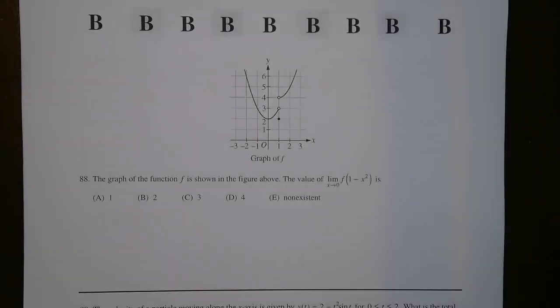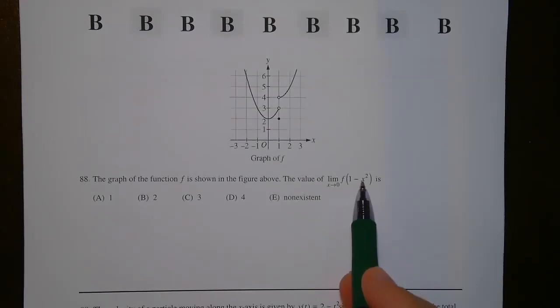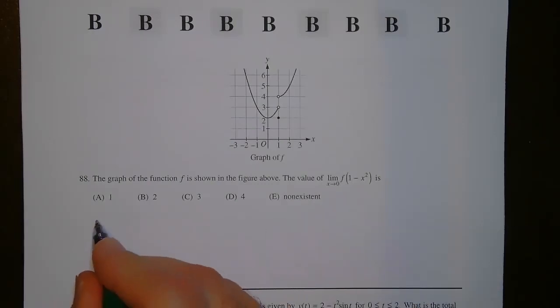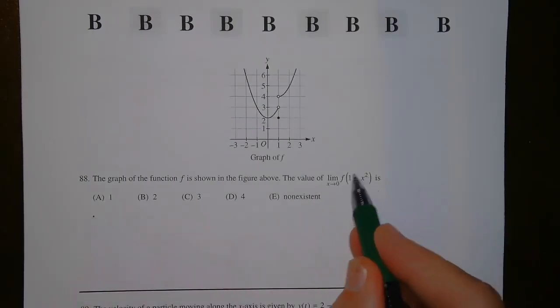Okay, so I want to really point this out. There's a common mistake on this one. You're trying to put 0 into x here and do a direct substitution, and I'm going to tell you that doesn't work in this problem. We have to look at the graph of 1 minus x squared.